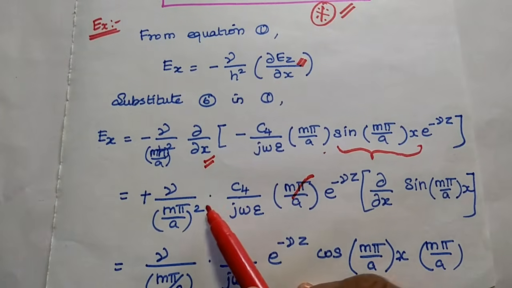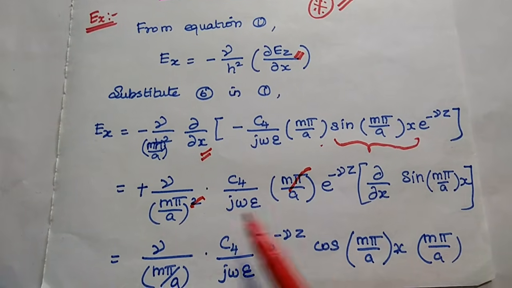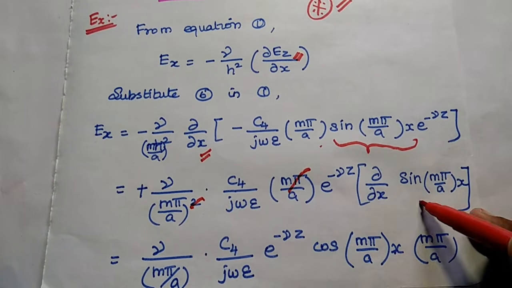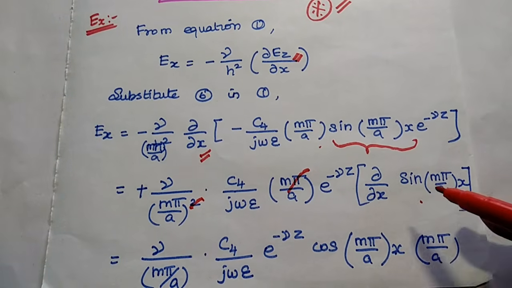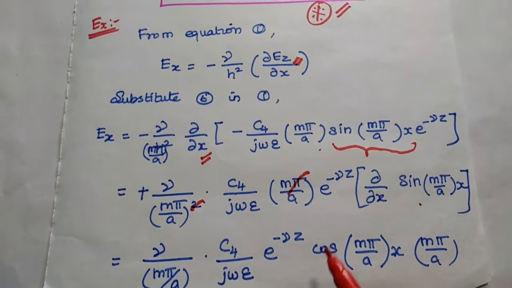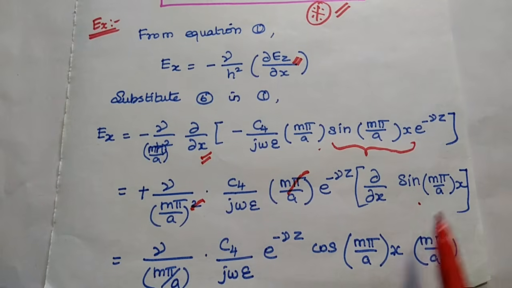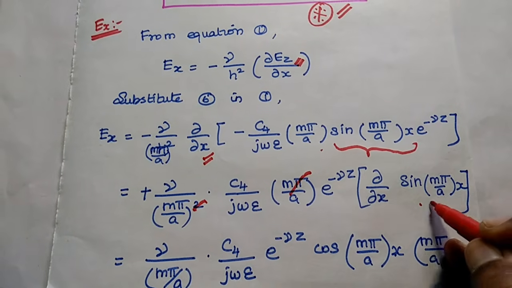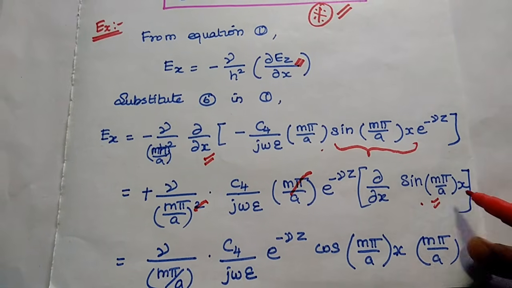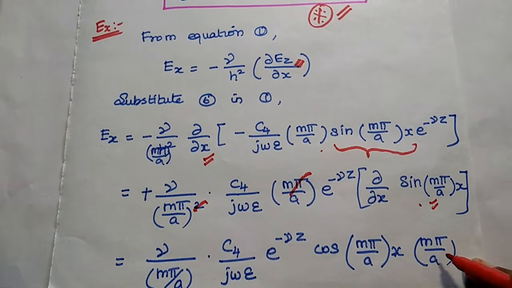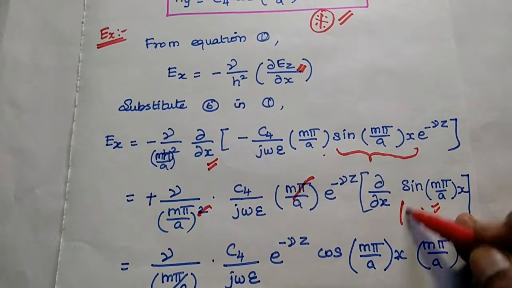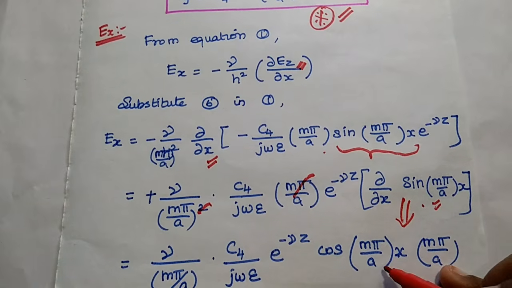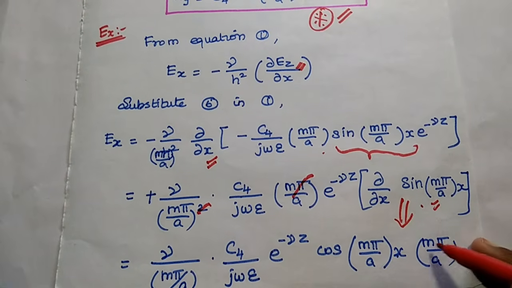So here we can simplify this term. Then we are going to differentiate the sin with respect to x. Differentiation of sin is plus cos. So we can get cos m by a x, and we have m by a along with this x. So differentiation of sin m by a x is nothing but cos m by a x into m by a.